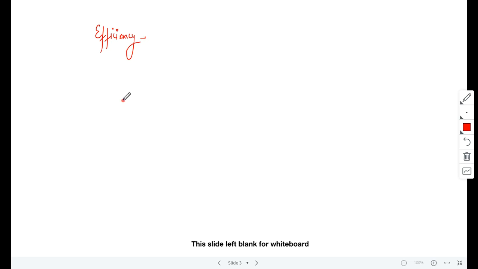Suppose, take the example, this is a computer. A computer works on electrical energy, so whatever electrical energy is provided to it, say 100 joules, and its work is like to turn on the screen, to convert this electrical energy into sound energy or light energy. So it's useful energy.